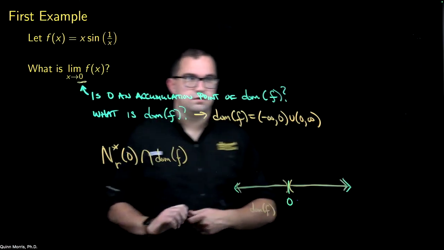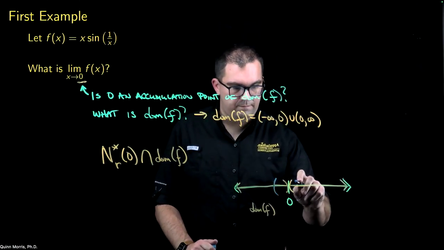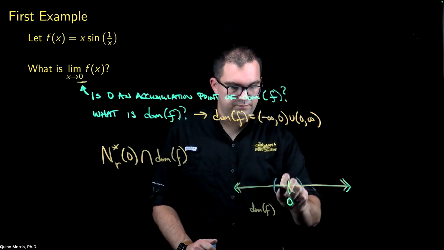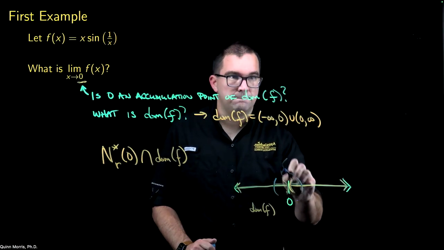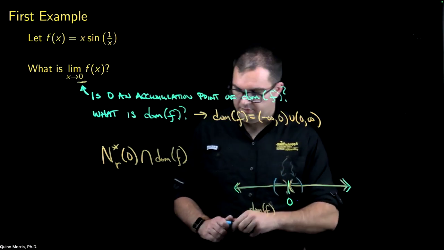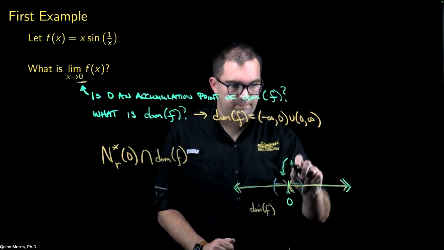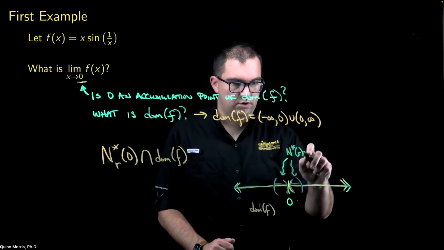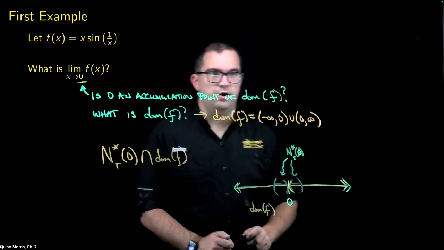And let me, in blue here, draw the deleted neighborhood of some radius around here. So here in blue, we have the deleted neighborhood of radius r around 0.